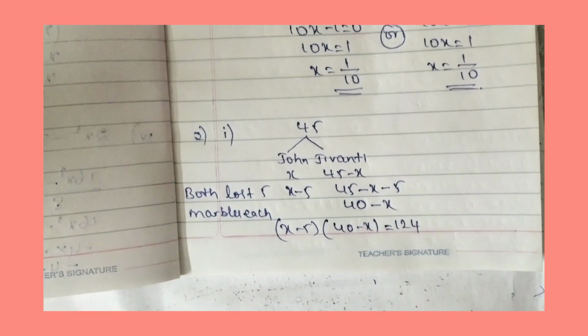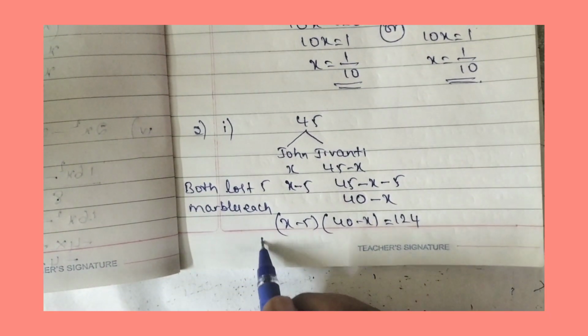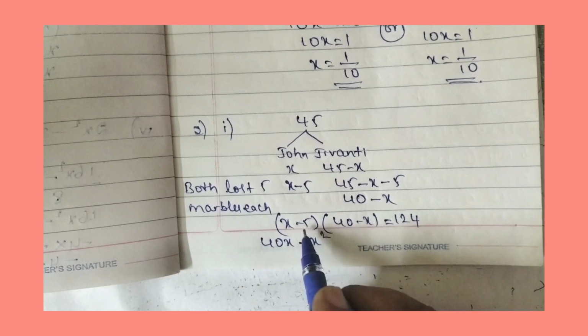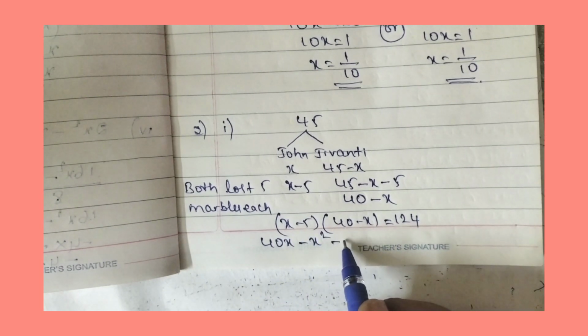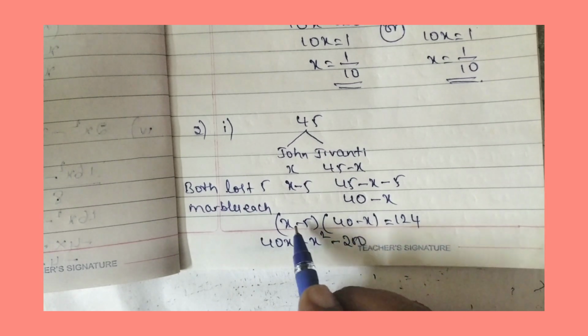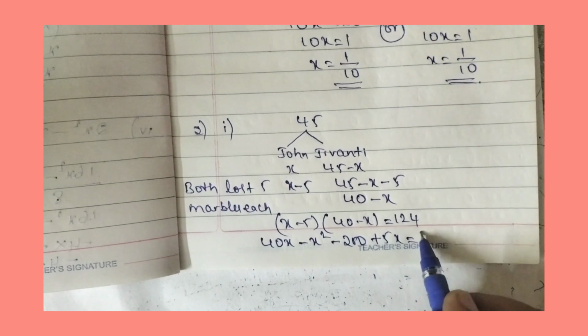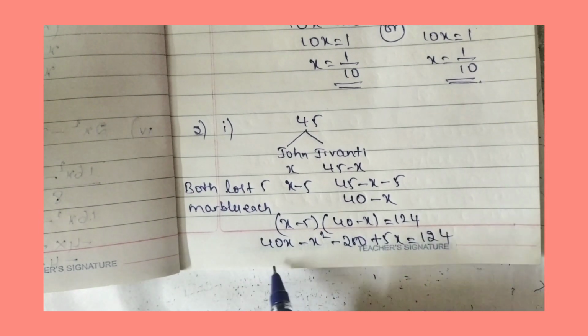Now let us multiply it. x into 40 is 40x, x into −x is −x². Minus 5 into 40 becomes −200. Minus into minus becomes plus, 5 into x is 5x, which is equal to 124.